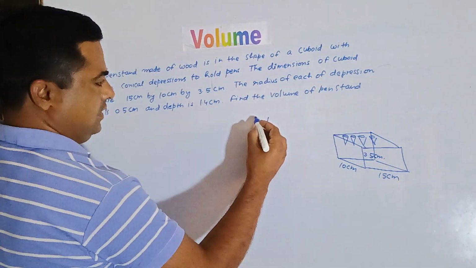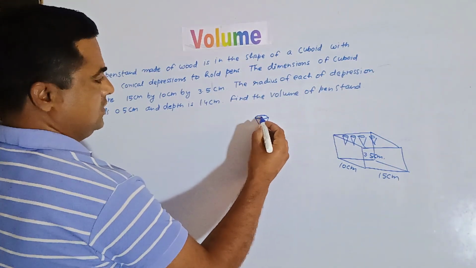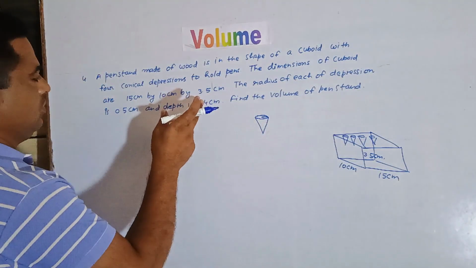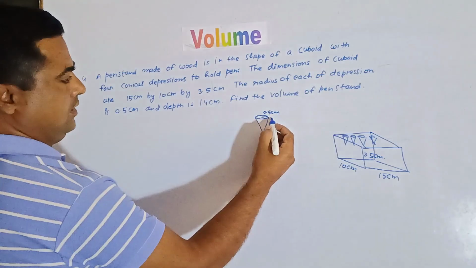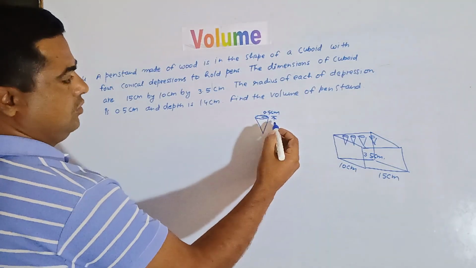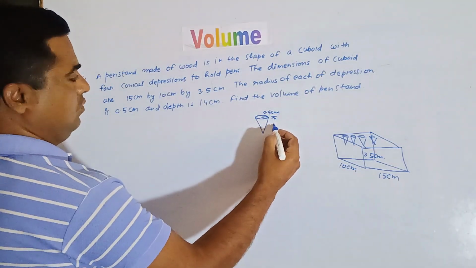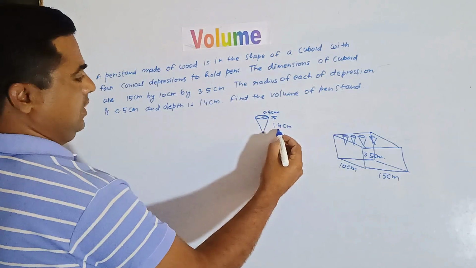They are saying the radius of the cone. What is the radius of the cone? The radius is 0.5 centimeter, and the depth, meaning the height of the cone, is 1.4 centimeter.